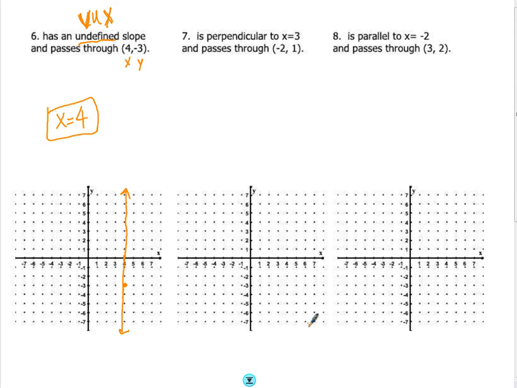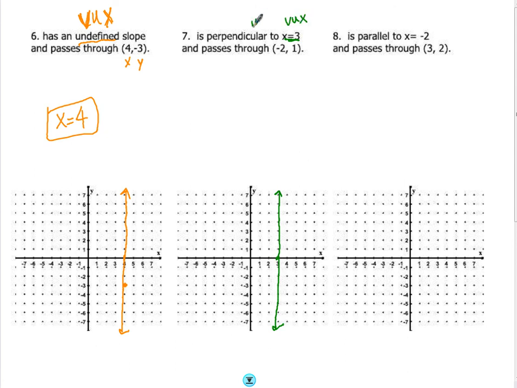Here we're asked to find a line perpendicular to x equals 3. So the first thing I'm going to do is graph my line x equals 3. That's a vertical line, and I want something perpendicular. Perpendicular to a vertical line is going to be the HOY line.